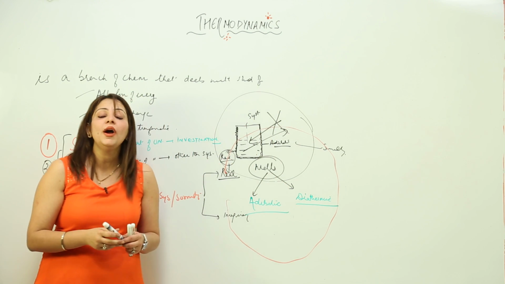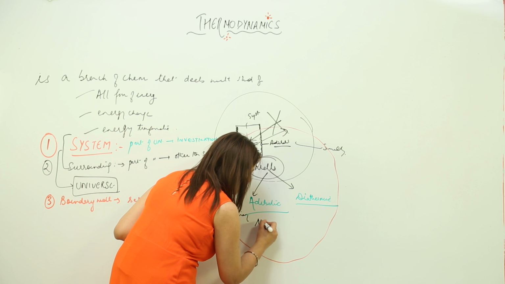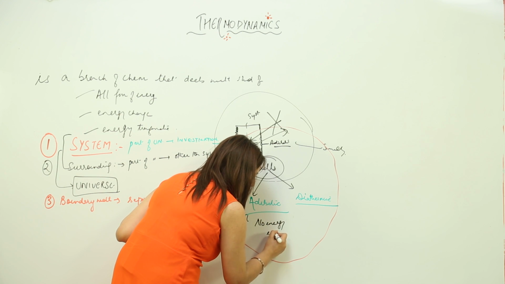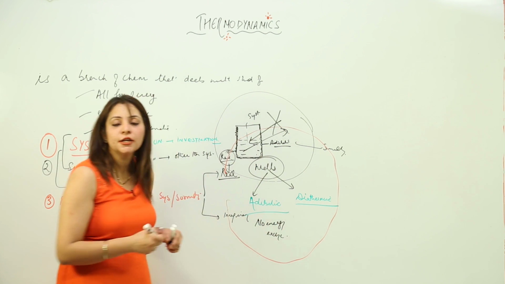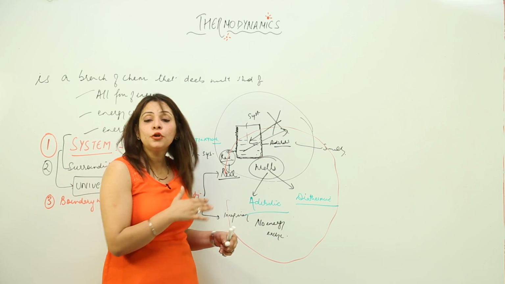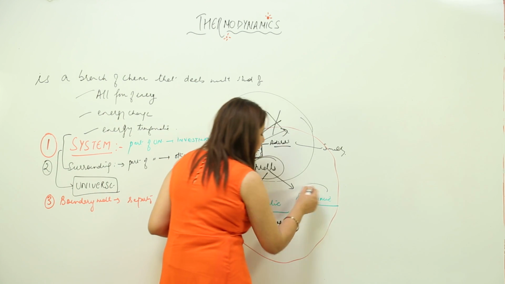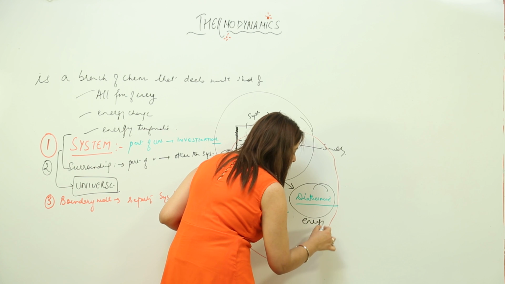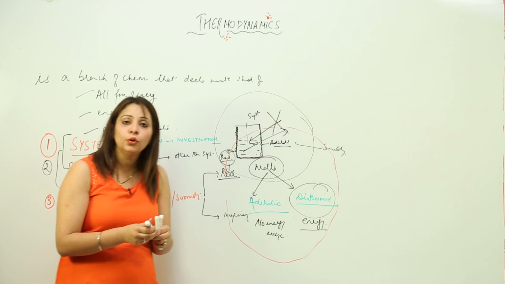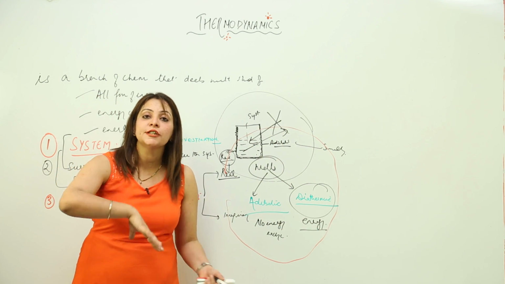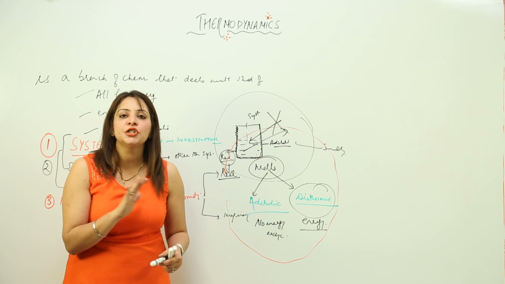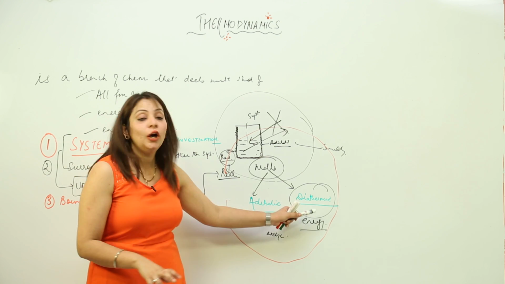So no energy exchange is going to take place in the case of adiabatic. But when we talk about diathermic, energy exchanges can occur. Energy can go in and energy can go from the system to the surrounding. That is called a diathermic wall.